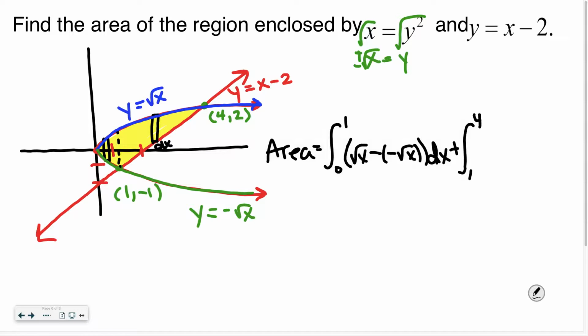From 1 to 4, radical x is our top function, minus x minus 2 is our bottom function. And we are subtracting the entire bottom function, so make sure it gets put in parentheses if it's more than one term, like in this case.